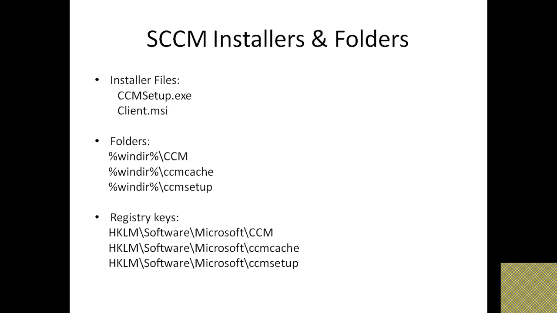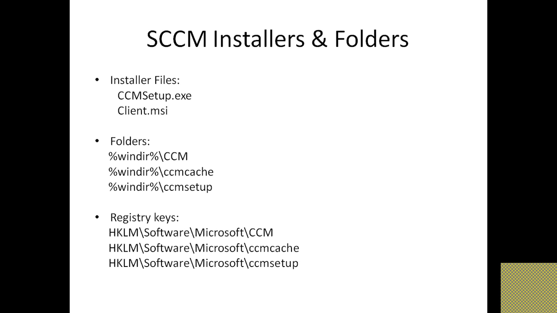The CCM folder contains the client files and the logs which are helpful during troubleshooting client issues. CCM cache contains the software downloads which are pushed by the SCCM site server.